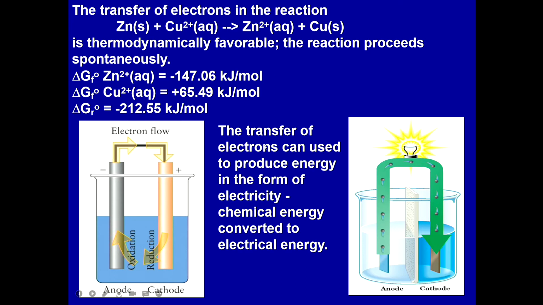So we can say the transfer of electrons can be used to produce energy in the form of electricity. After this reaction, the chemical energy is converted to electrical energy.